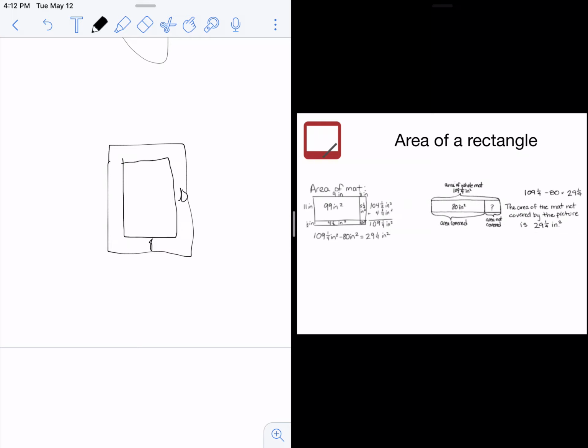And then we also know that the area in between here is 3/4 inch. Same in between here is 3/4 inch on each side. So if you look over at the presentation, it gives you the area of the mat.